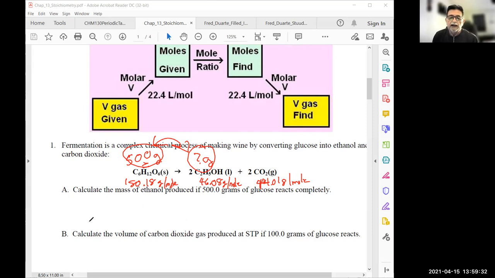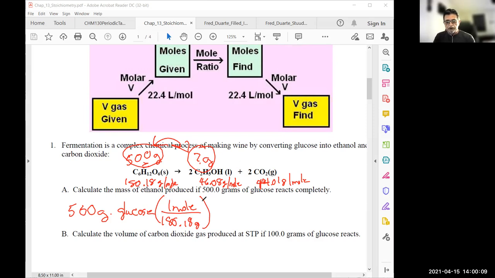So calculate the mass of ethanol. Okay, 500 grams. So you write down what we got, 500 grams of glucose. Well, we know that we need to get to moles, and we divide by the molar mass. 180.18 grams of glucose gives us moles of glucose.